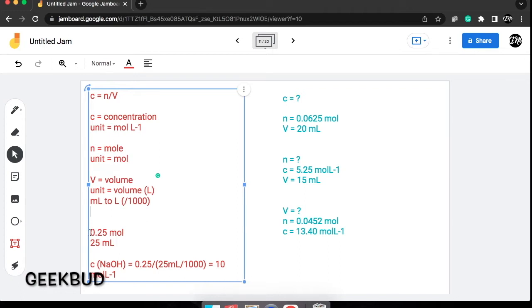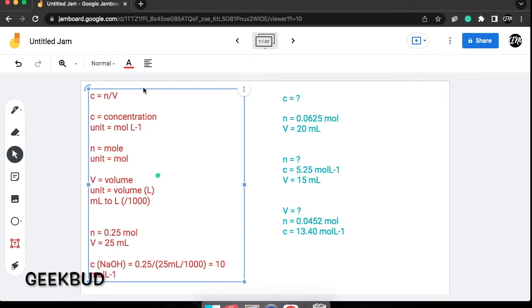So here we have a question where N equals 0.25 moles and our volume is 25 milliliters. If it's easier for you, I would convert milliliters to liters first, or else you can just do it all together in the calculator.